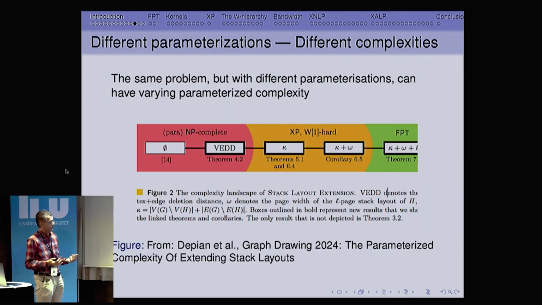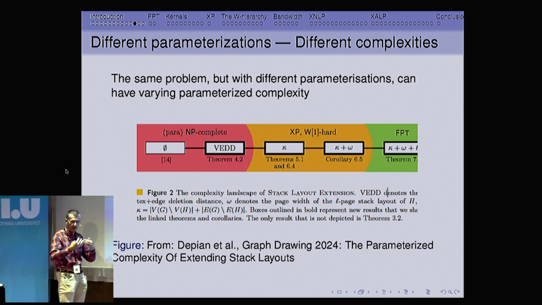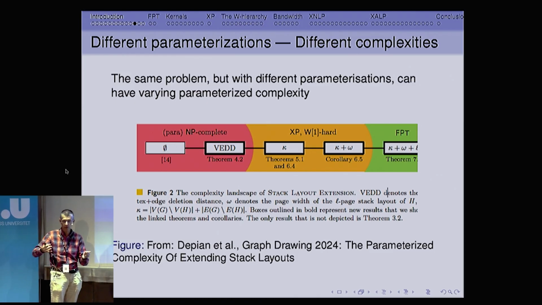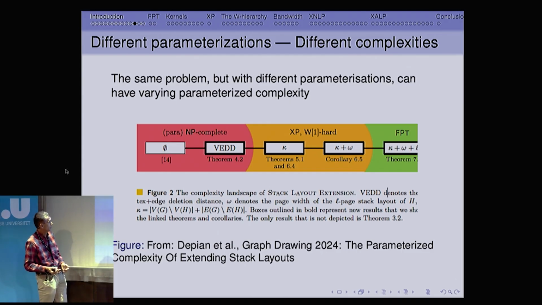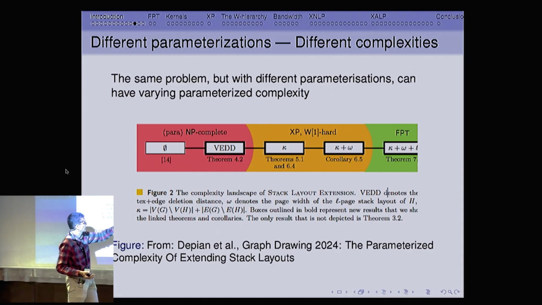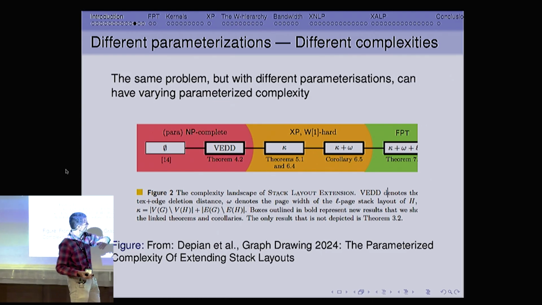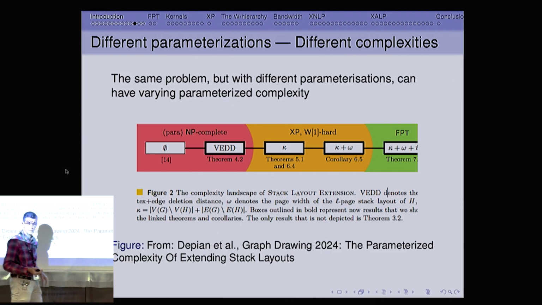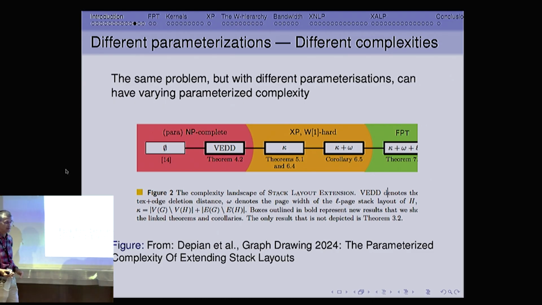And as I talked about different parameterizations, you can have the same problem and use different parameters, and with different parameters the complexity may change. For one parameter, the problem may stay NP-complete. For another parameter, it might become XP, and for yet another parameter, the problem might become fixed parameter tractable.